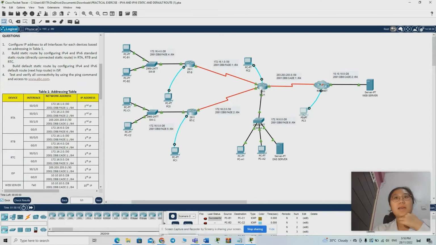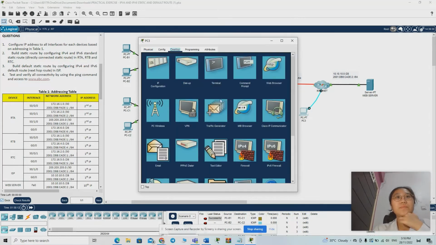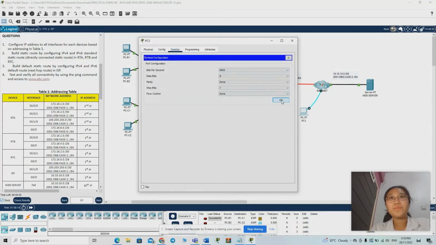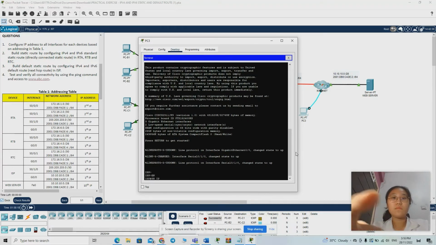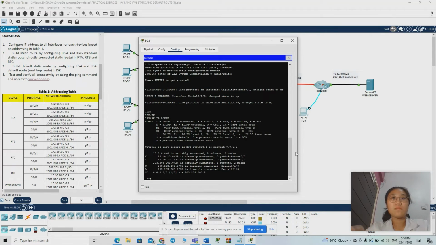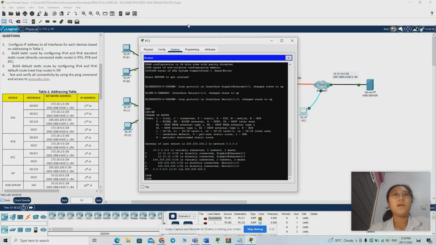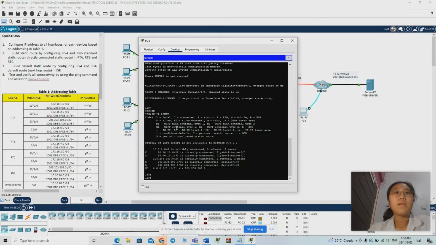Let's see the ISP. So for the ISP routing table, for IPv4, there are only 2 connected, 2 local, and 1 S star.